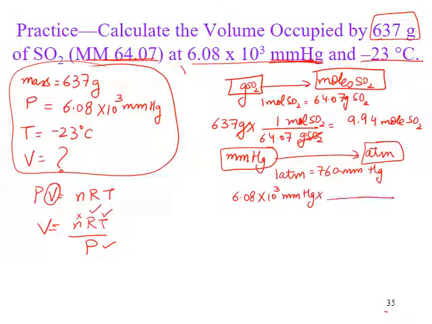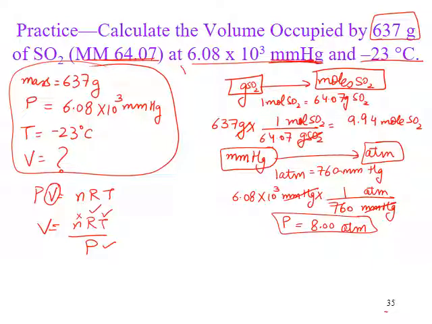We divide by mm and multiply by atm: 1 atm over 760 mm of Hg. The mm of Hg cancel, our final unit of pressure is atm, which comes out to be 8.00 atm. This is our pressure now.